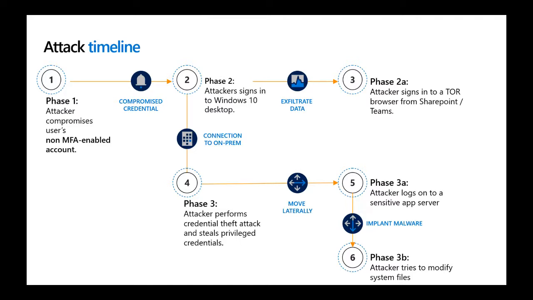Once we've exfiltrated that data, we'll then turn our attention to looking at the user's endpoint, infecting it with malware, gaining a foothold, and then attempting to steal some further credentials and perform lateral movement to move towards a privileged server where we're going to implant some more malware, and then also modify some sensitive files, which could be system files, or equally a database containing customer data.